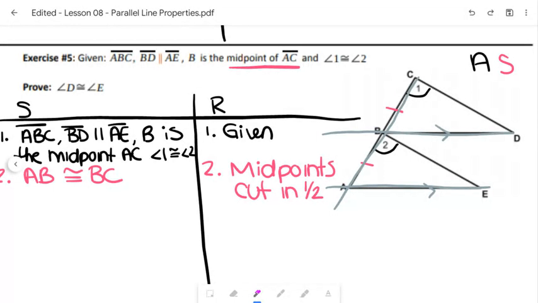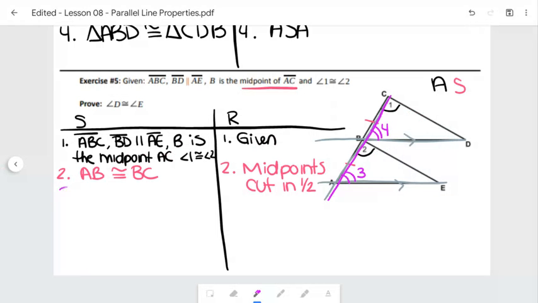So we have the angles that are inside and outside along the same transversal, right? On the same side of that transversal, I'm going to call this angle 3 and angle 4. So I know angle 3 is congruent to angle 4 because they are corresponding angles.